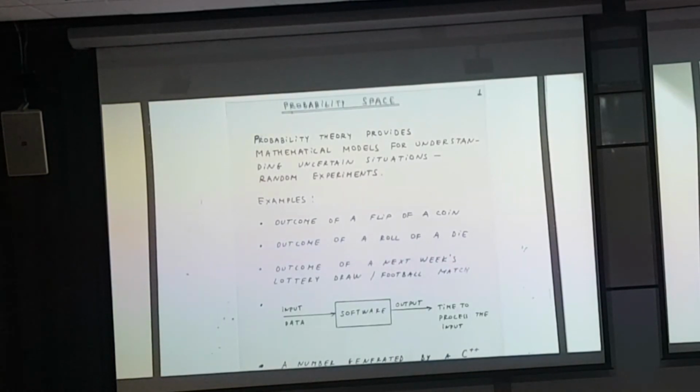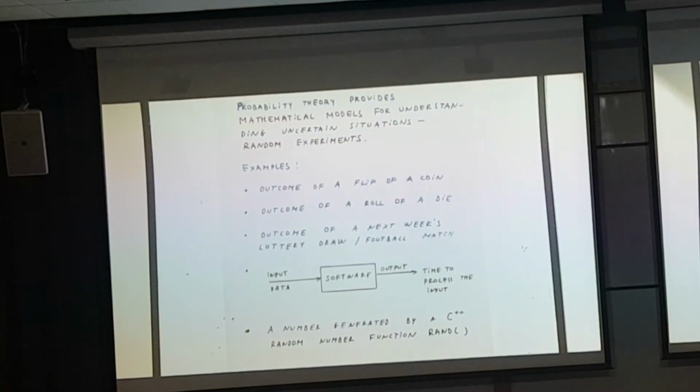Another example is a random number function, which is present in any programming language. For example, in C++, that's the rand function that returns a random number.